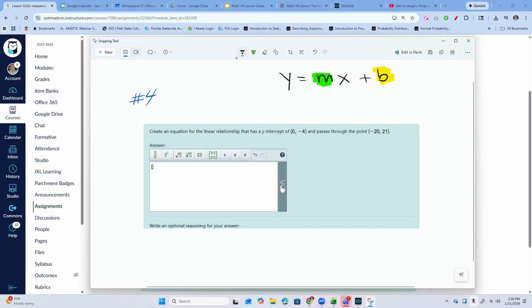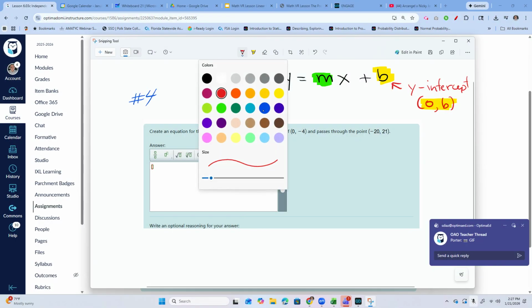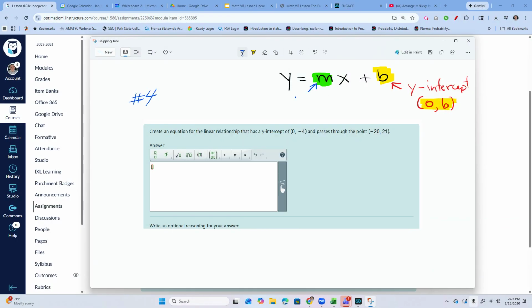Remember, b is the y-intercept. And the y-intercept is a point on the y-axis. And the point is going to look like this, 0, comma b, okay? And the m is the slope. That's what the m is.